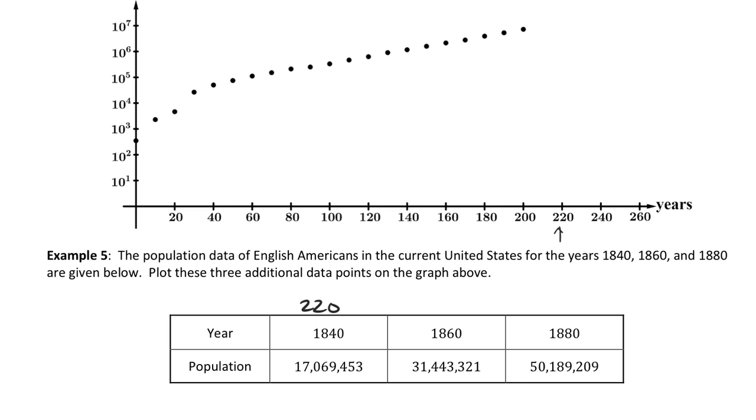I said 10 million, right? 10 to the 7th power is 10 million. So if we want 17 million, that means we need our coordinate point for this data to be just slightly above 10 million. So we're going to go from 220 all the way up to approximately above 10 million.